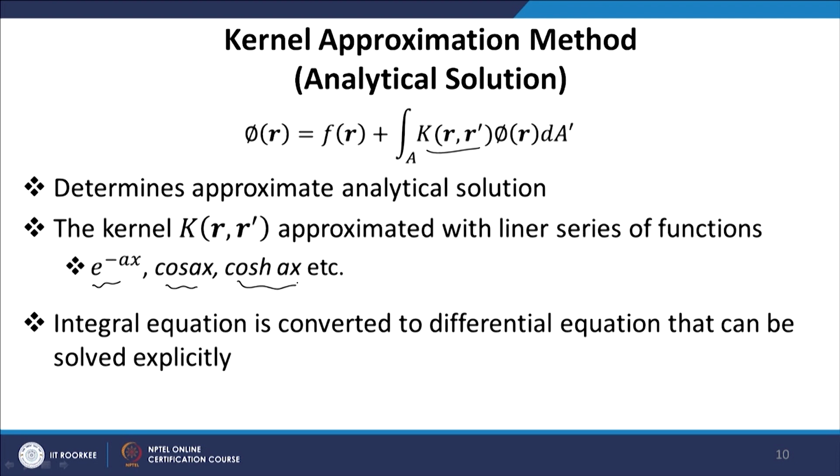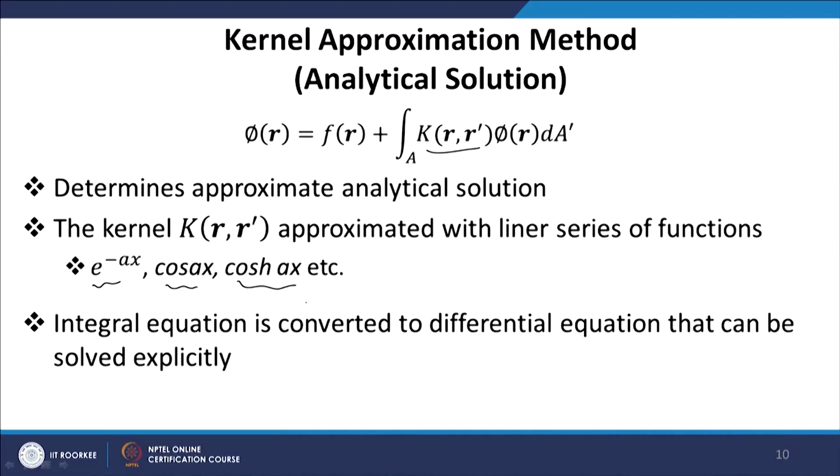So, the series of these functions is used to approximate the kernel function. These functions are then substituted in the integral, and the integrals are evaluated very easily by calculating the integral of these trigonometric or hyperbolic functions.